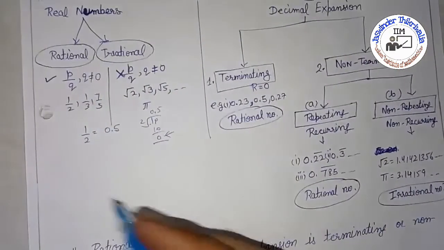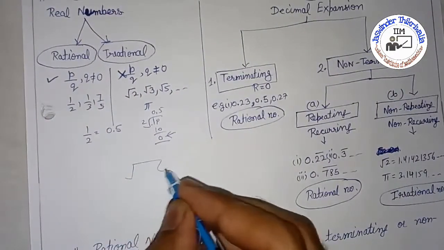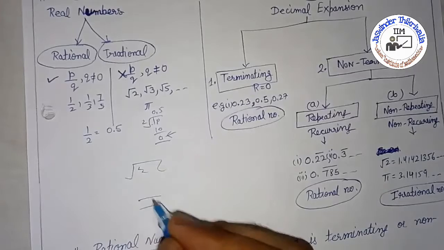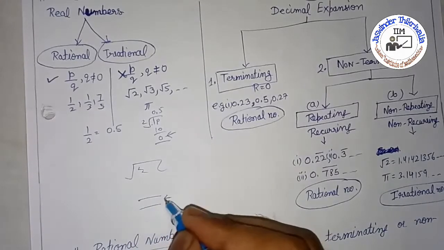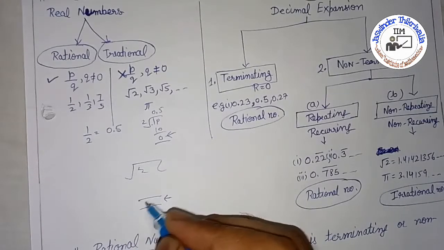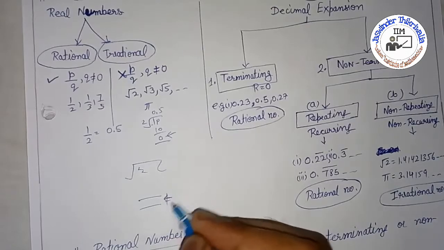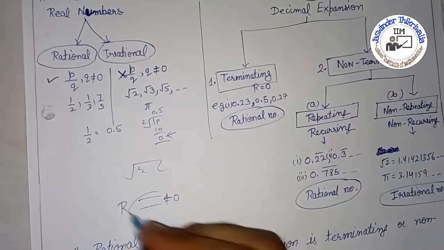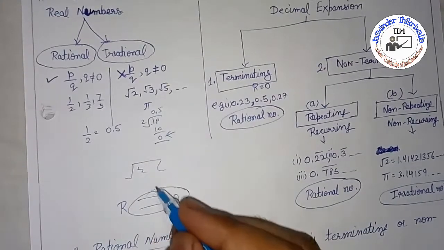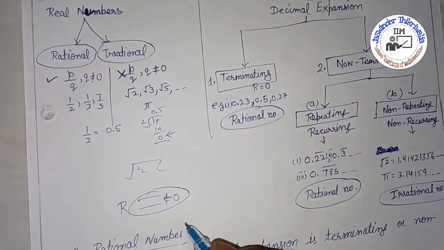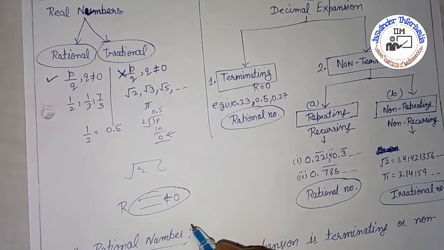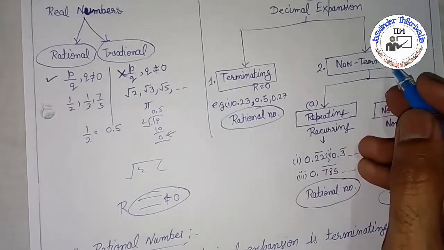Suppose you are dividing a number, and after division your remainder is not equal to 0. Then the division goes on further and further. That type of division is known as non-terminating.